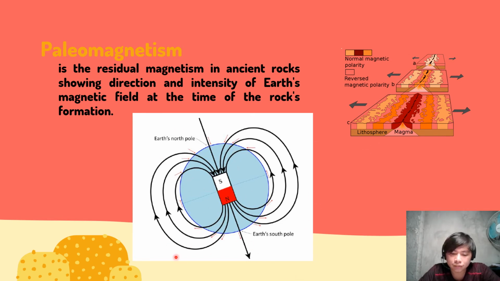When the magnetic field is reversed, a reverse magnetic polarity happens, wherein if it is on its normal polarity, this represents the new crust, or the colored crust being formed.